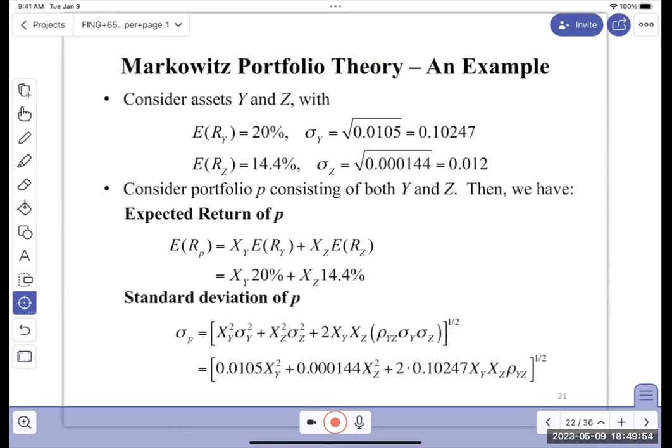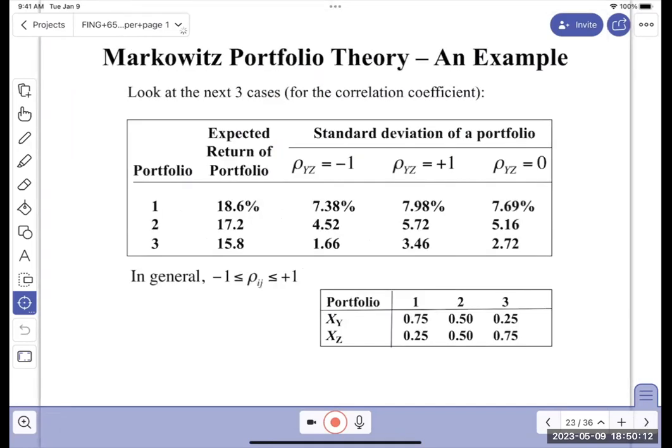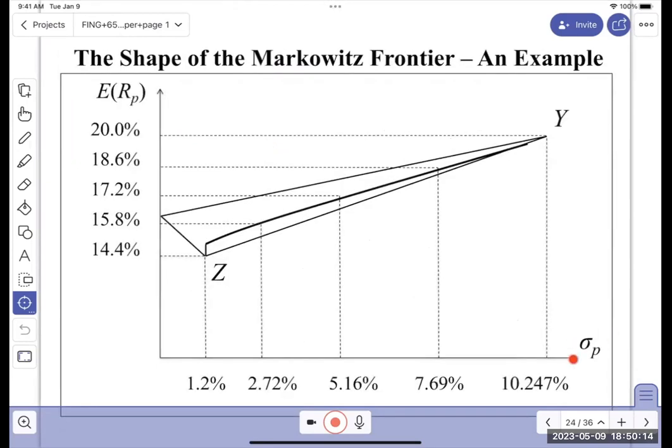So here's two assets. We see that the risk-return trade-off exists between them. Y is higher return, but also a higher risk asset than Z. So I can plot those here with this is the standard deviation of the portfolio here, and here's the expected return.